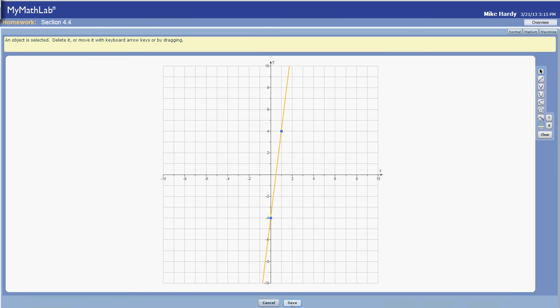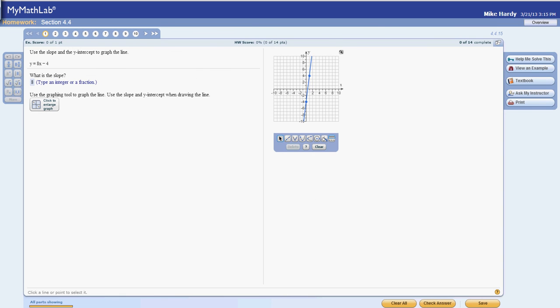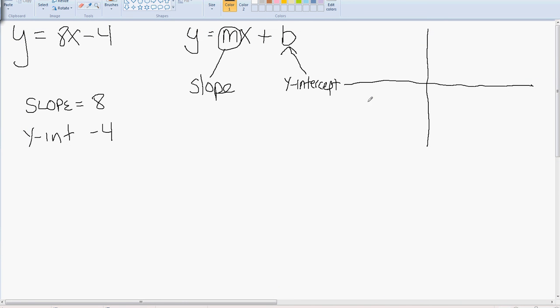So again, what I did, showing it here on the screen where we can write, we know our y-intercept is negative 4. That means whatever line we have crosses down here at y equals negative 4. We also know our slope is 8, which is our rise over run, or our change in y over our change in x.